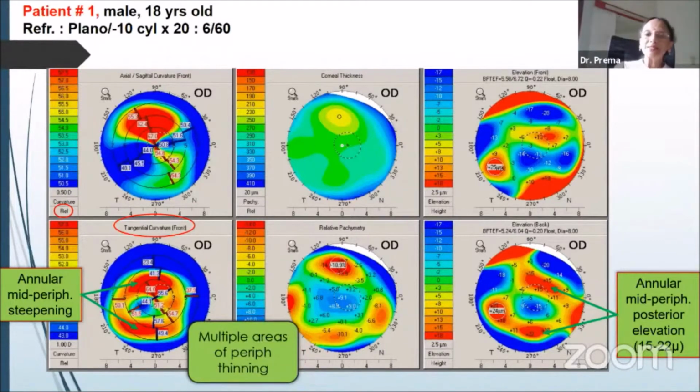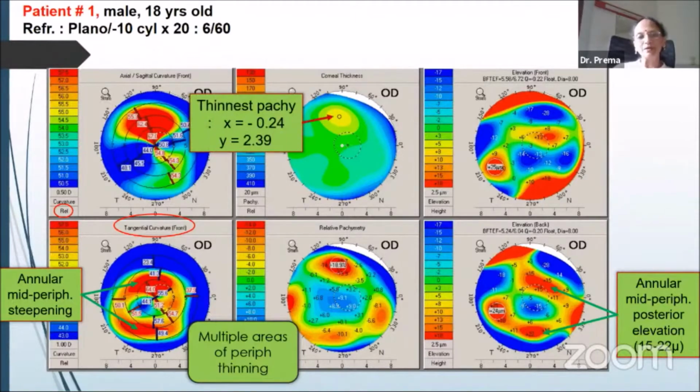The important thing is that these parts of peripheral thinning lie beyond the area of steepening. This is a feature that is typical of PMD. You will also notice that the thinnest point is far removed from the steep area of the anterior surface. Not only this, when you look at the corneal thickness map, you will notice that the cornea is globally thinned.